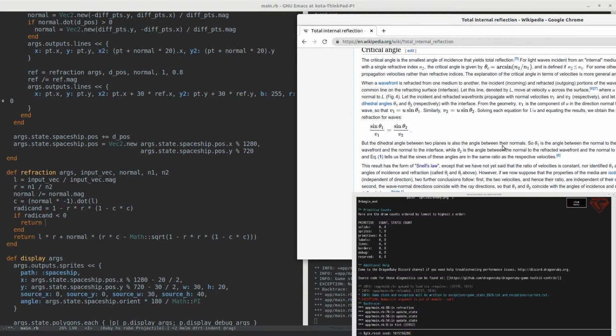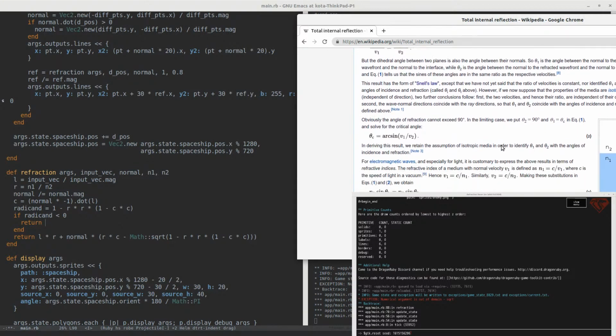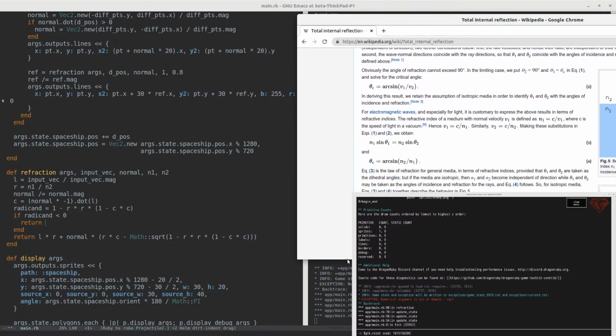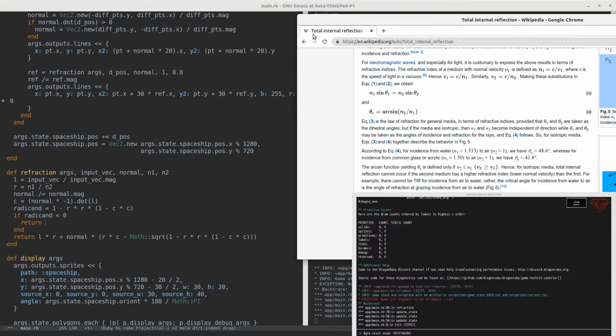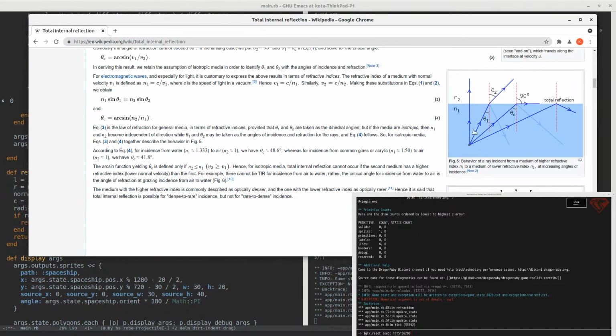Let's take a look at the equation here. So critical angle, total internal reflection. We can totally handle this. This is not the worst case that we ever hit. Total internal reflection.